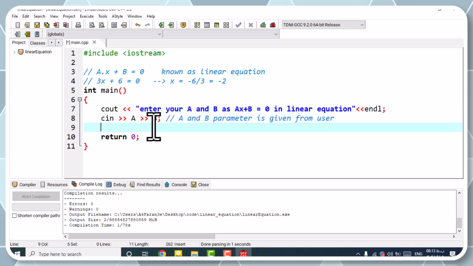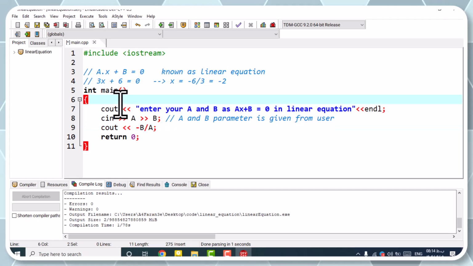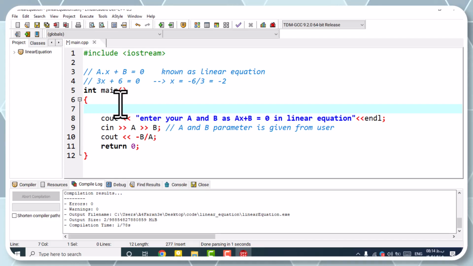Okay, in the next step, we have to solve the equation. The answer of the equation is cout equal to minus B divided by A. This number can be a float number or a decimal number. So I should define these parameters as float A and B.